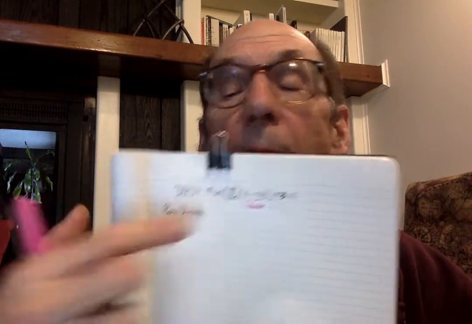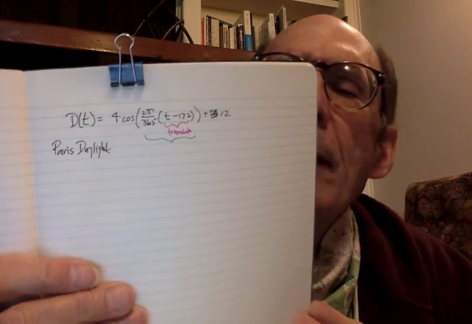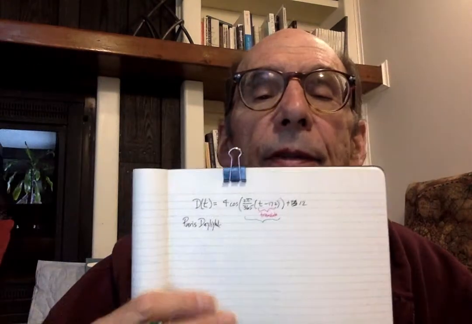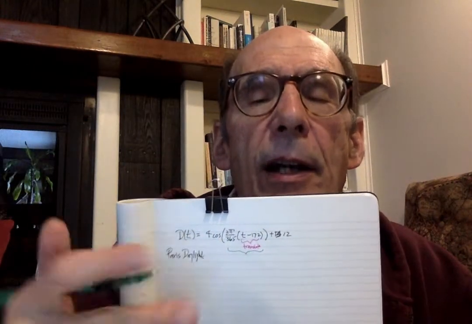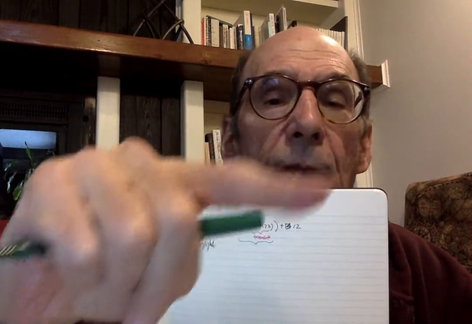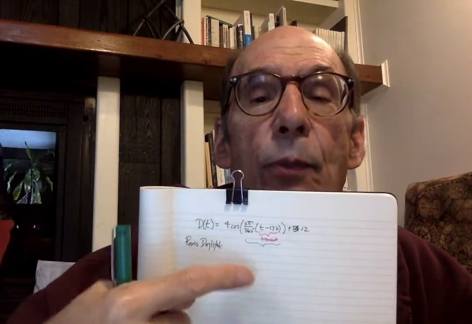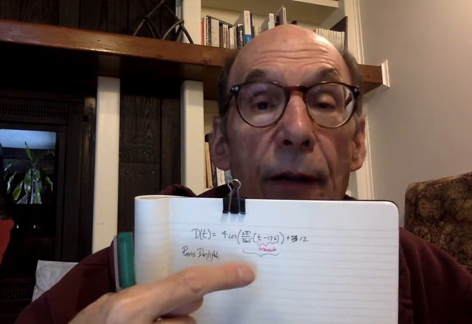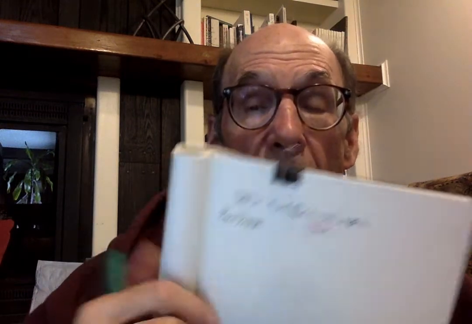So, okay. The next thing we have here is a shrink or a stretch. And this is something that is very, very common in functions. We've seen it in other functions. The situation here with sine and cosine is that they repeat every 2 pi, and we want this to repeat every 365. So that's a simple unit change.